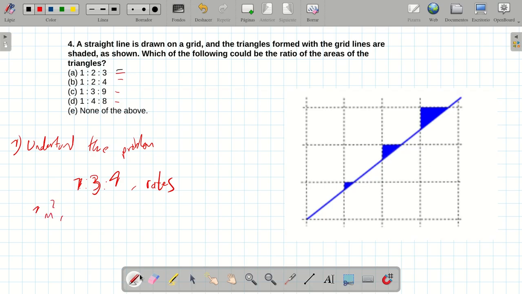Remember that in math we have rates, we have ratios, and we have proportions. But in this case, we are working with rates.